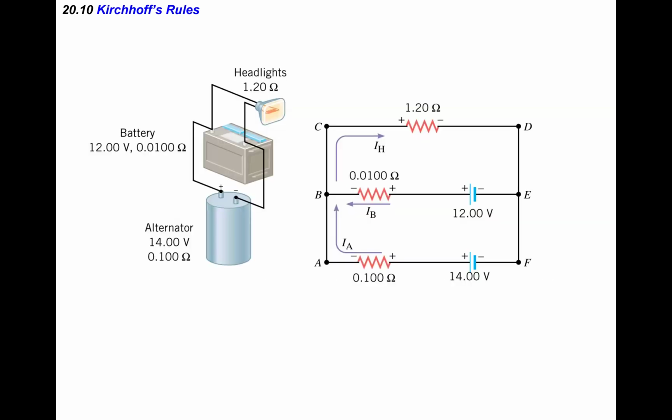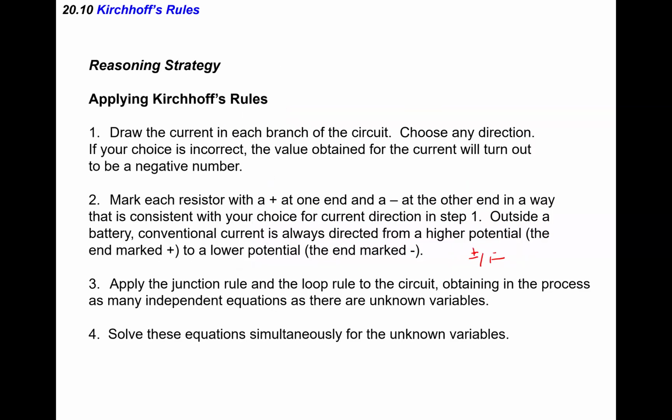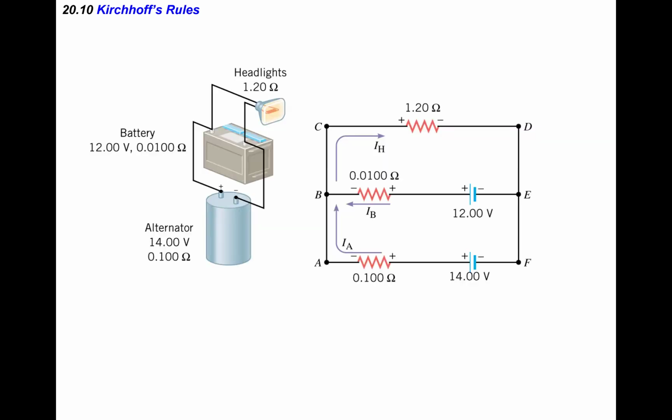Okay, so let's see. How about this? If we have a connection that looks like this, with 14 volts of power supply here, and we have 12 volts of power supply inside, let's try to calculate the current. So this is the circuit.